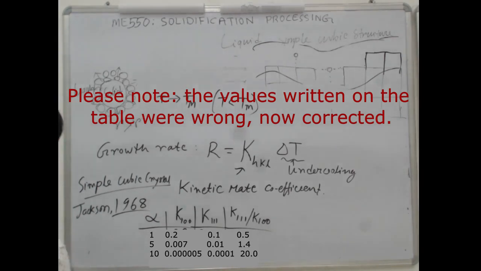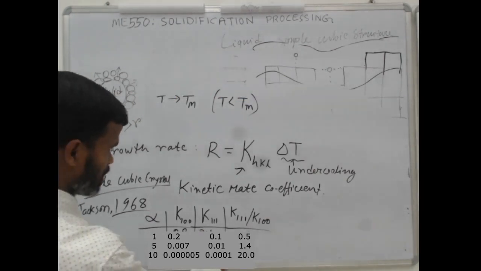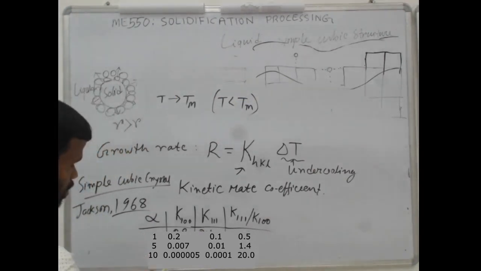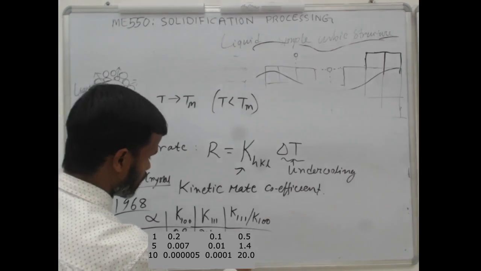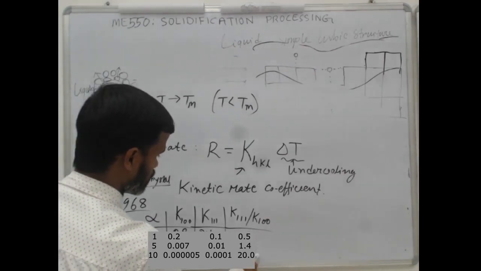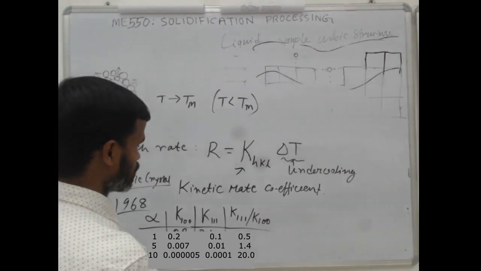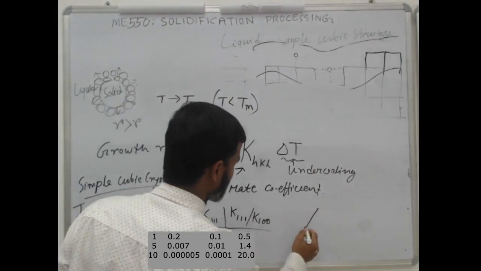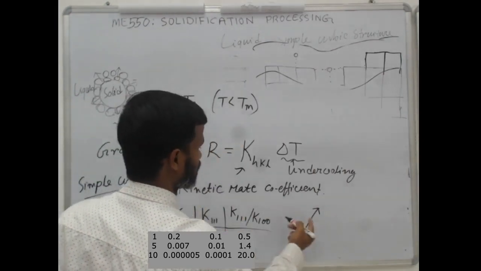So this is for alpha 10. What it tells you is that for higher values of alpha, this ratio is very high. That means the growth in the 111 direction will be very high.